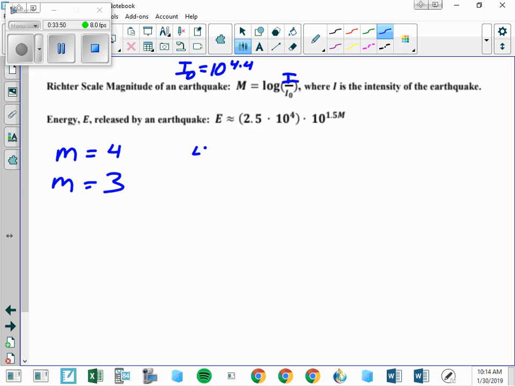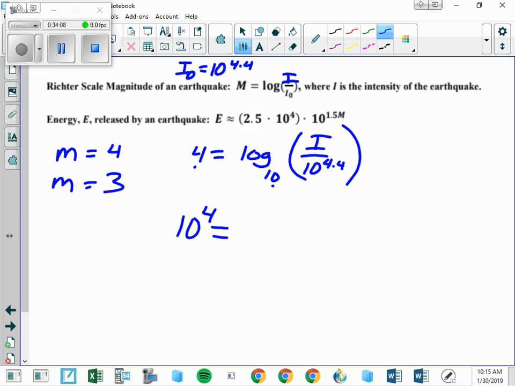So 4 is equal to log base 10 of I over 10 to the 4.4. So 10 to the 4th is equal to I over 10 to the 4.4.